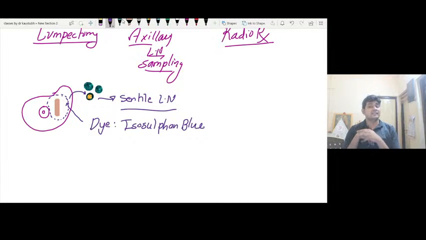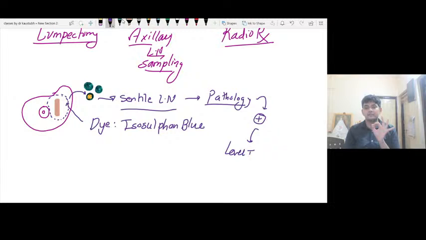If I get such a sentinel lymph node, I'll send this to the pathology lab, and if this turns out to be positive for malignant cells, then I'll go back and dissect level 1 and 2. In rare cases we need level 3 also, but mostly level 1 and 2.